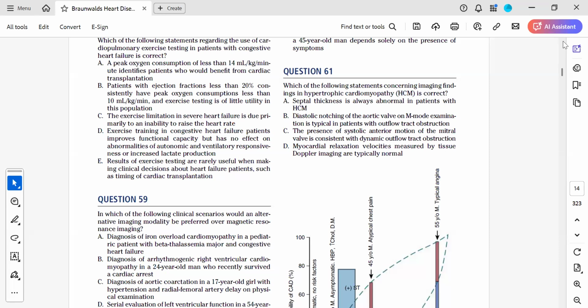With impaired relaxation, the left ventricular end diastolic pressure would be high, and then with elevated left ventricular end diastolic pressure, the left ventricular filling will be impaired, and it would signify some form of diastolic dysfunction.